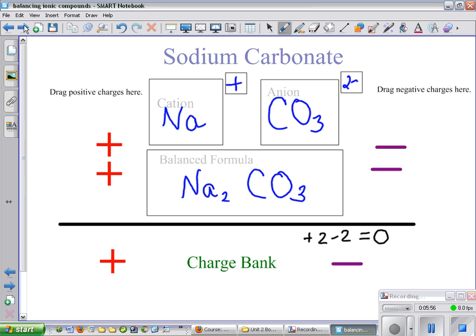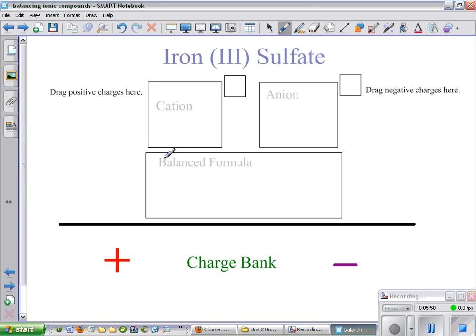Let me give you one more example. Iron(III) sulfate. So iron +3 is the cation, and sulfate, SO4 -2, is the anion.